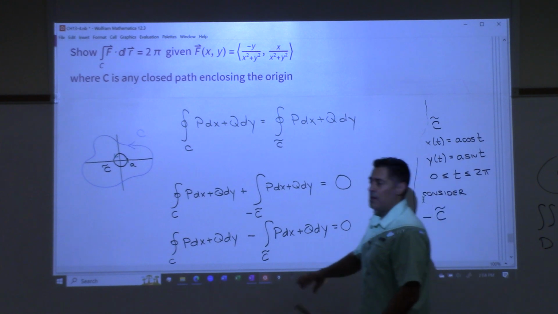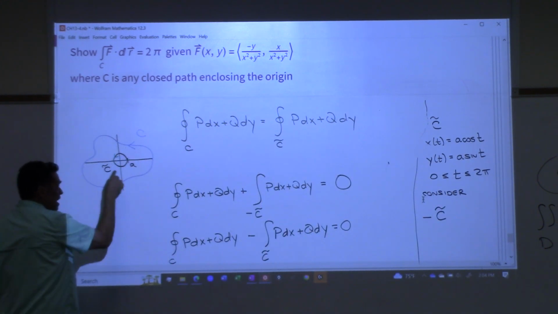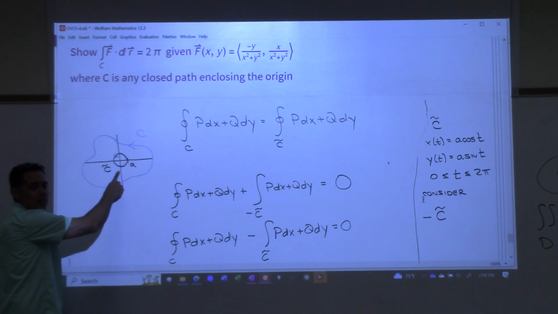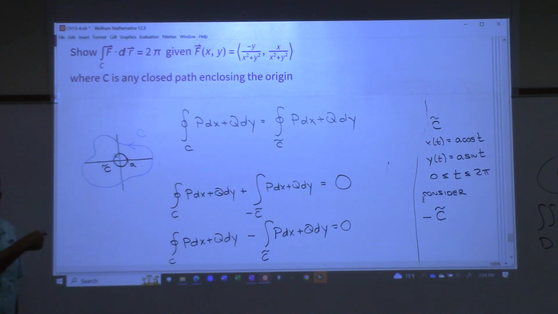They're the same. That means the value of this line integral is the same as the value of that line integral. That's huge, because this I have a parametrization for, don't I? So if I can just do that line integral, whatever that answer is, is the answer for any curve.